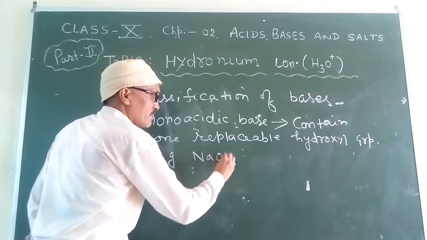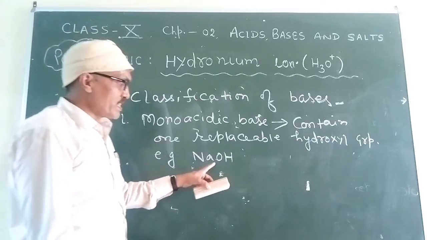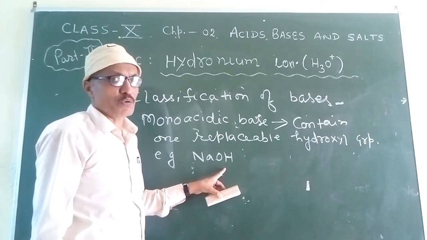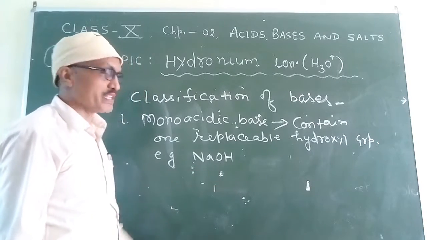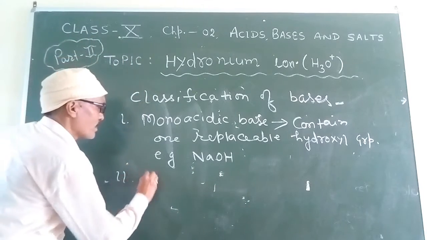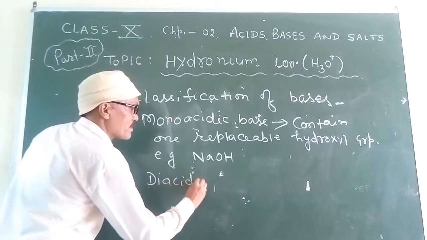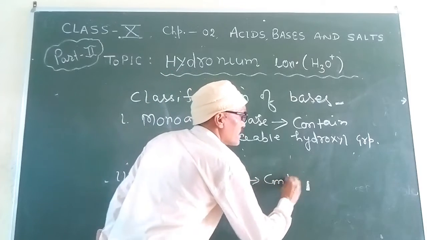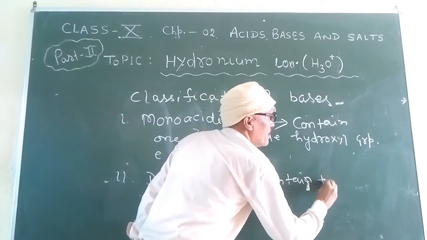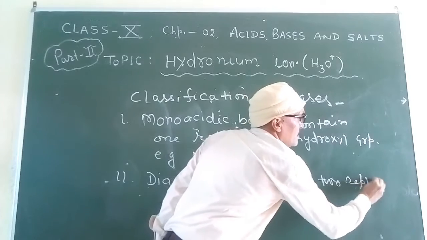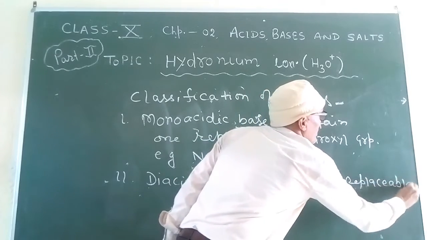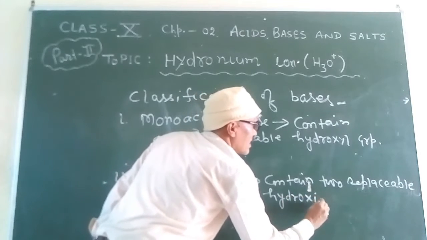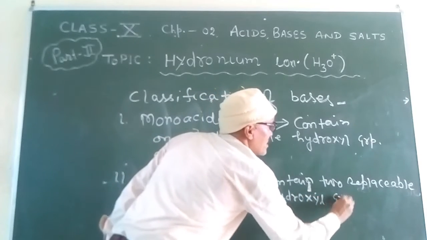NaOH, it has one replaceable hydroxide ion, so it is monoacidic base. In the similar way, diacidic base contains two replaceable hydroxide or hydroxyl groups.